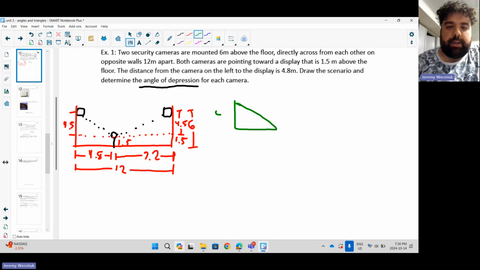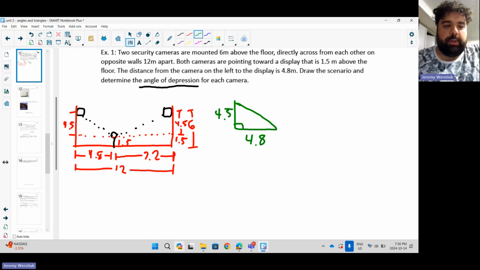I know this side right here is 4.5. This side right here is 4.8. And I know I have a right angle right here, right? Because the wall is going to be up and down, perpendicular to the floor. So I know I'm probably not using sine law or cosine law here. I'm probably using maybe sine, cos, or tan to find my angle.